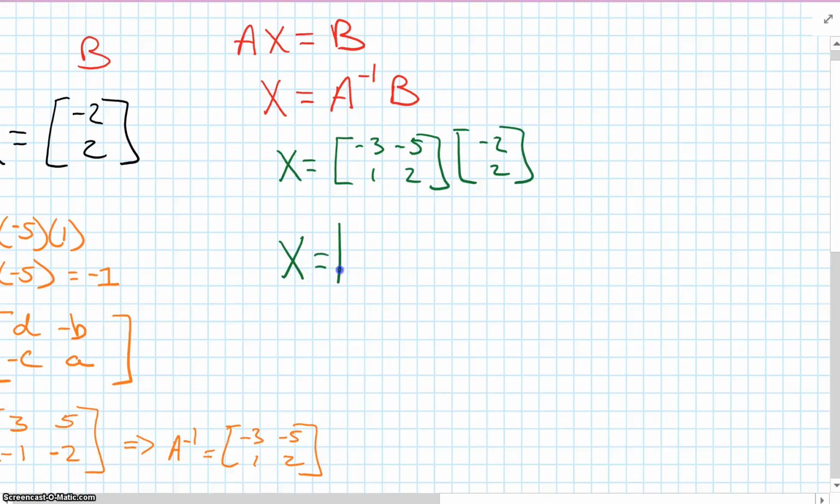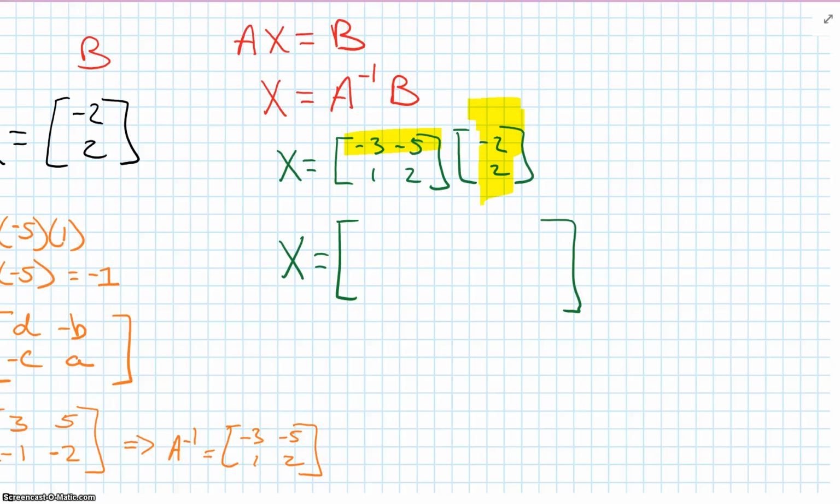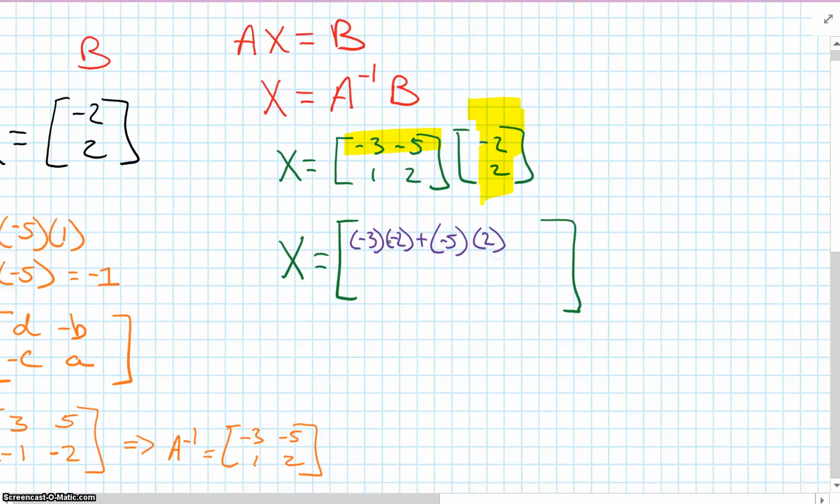If we remember our rules, since the first matrix is 2 by 2 and the second is 2 by 1, our new matrix is going to be 2 by 1. First row times first column is negative 3 times negative 2 plus negative 5 times 2. That's 6 minus 10, which is negative 4.